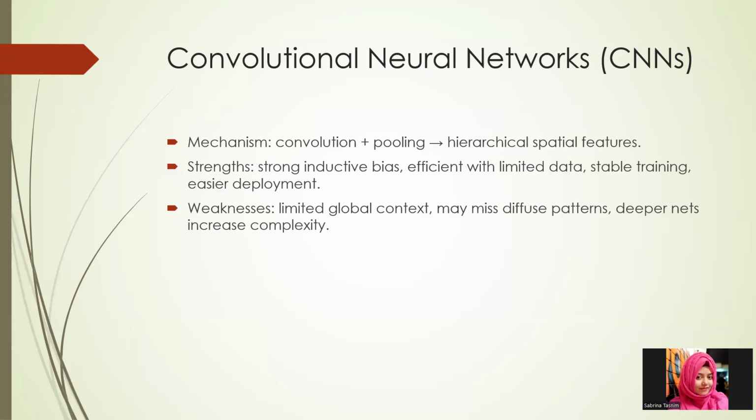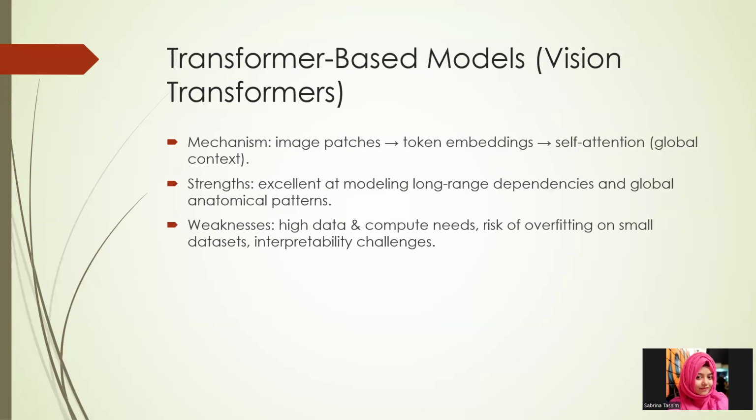Their strengths include efficient training, stable optimization, good performance even with limited datasets, and easier deployment in low resource environments. However, CNNs may struggle to capture global contextual relationships across distant regions of the image. That can be problematic when disease patterns are diffuse. So this is CNN.